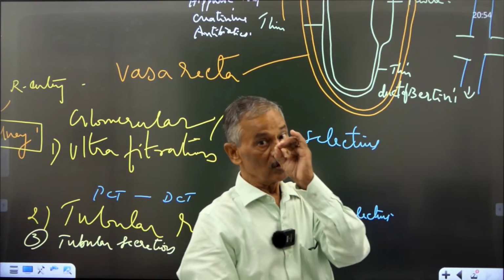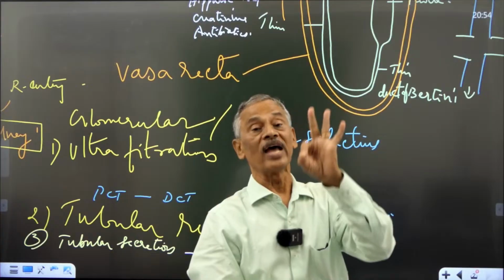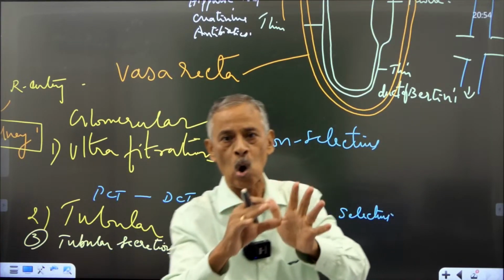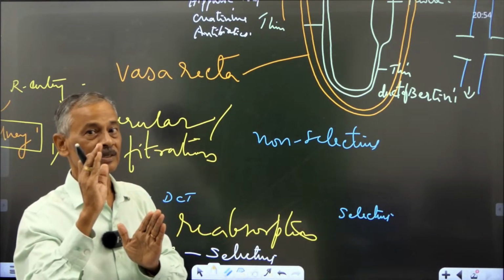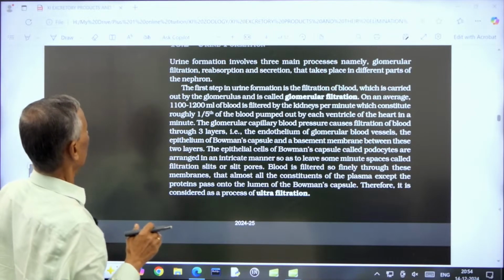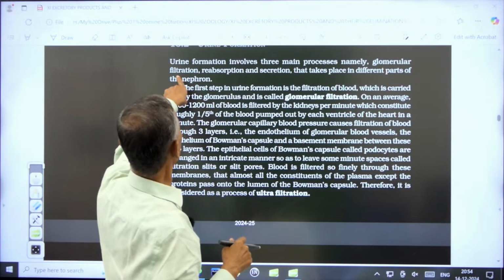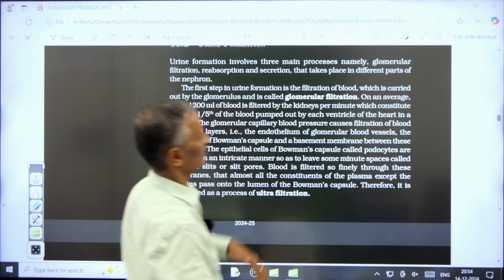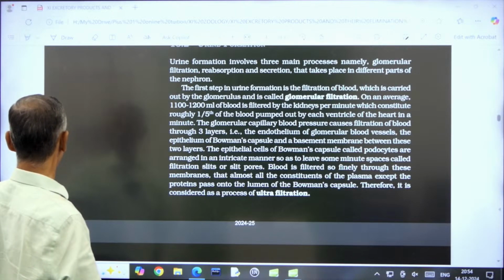It is with the help of these three activities that urine is filtered and brought to the collecting duct. Is the point clear? So, urine formation is a result of these three: glomerular filtration, reabsorption and secretion. Any doubt up to this level?